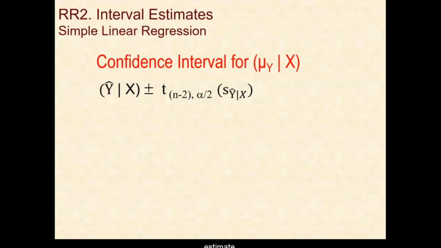The interval is our best point estimate, namely the y hat corresponding to the x value of interest, plus or minus the test statistic times the standard error of the sampling distribution. The sampling distribution under the assumptions made, and for simple linear regression, is the t-distribution with n minus 2 degrees of freedom. These are the degrees of freedom for the standard error of the residuals, the s sub epsilon hat.